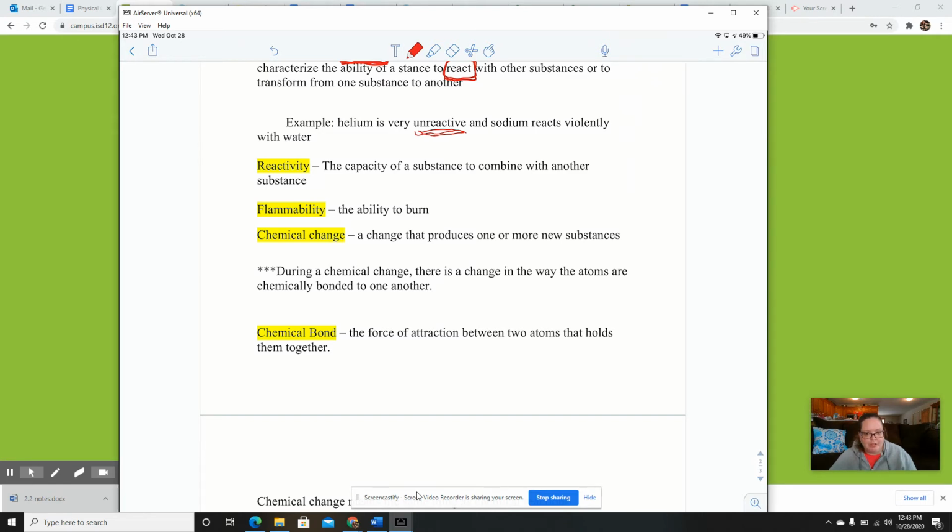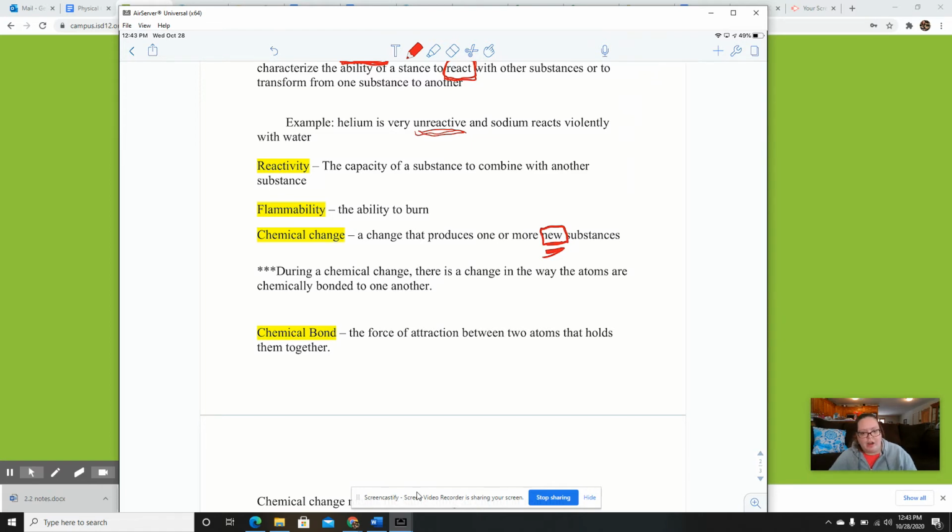All right, a chemical change is a change that produces one or more new substances. That's the key part of that definition. During a chemical change, there's a change in the way that the atoms are bonded together. What happens in a chemical change?